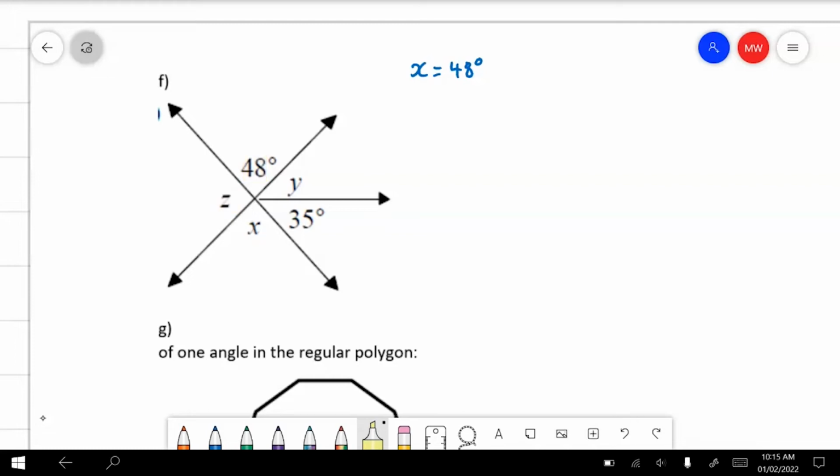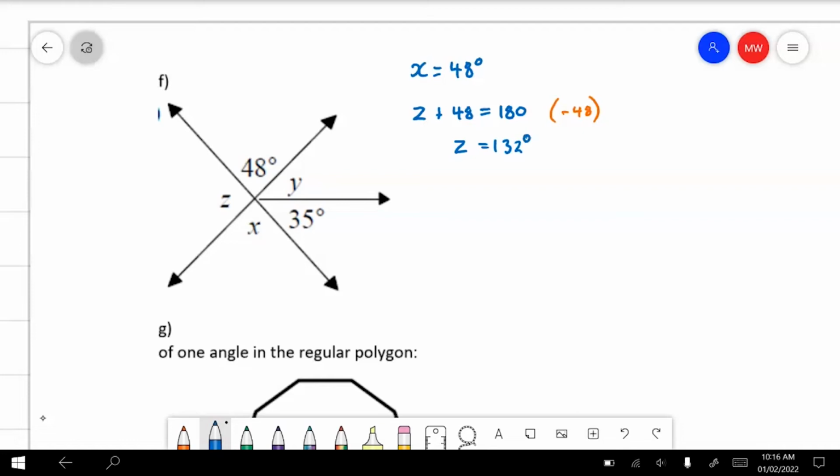So we'll say z plus 48, we don't really need the degrees there, is going to give me 180 degrees. So if I subtract 48 from both sides, z will be 132 degrees. So we've got that one solved.